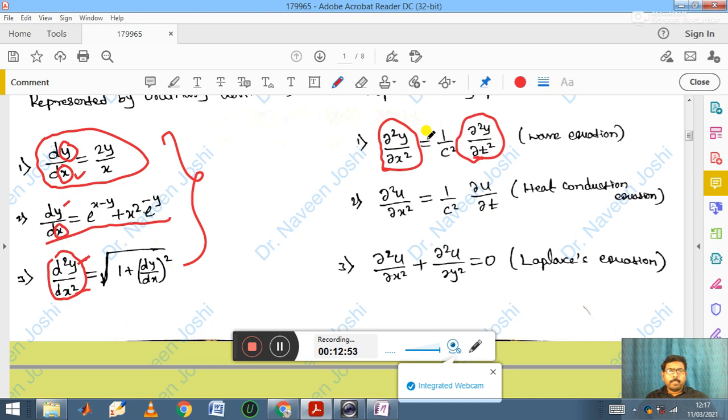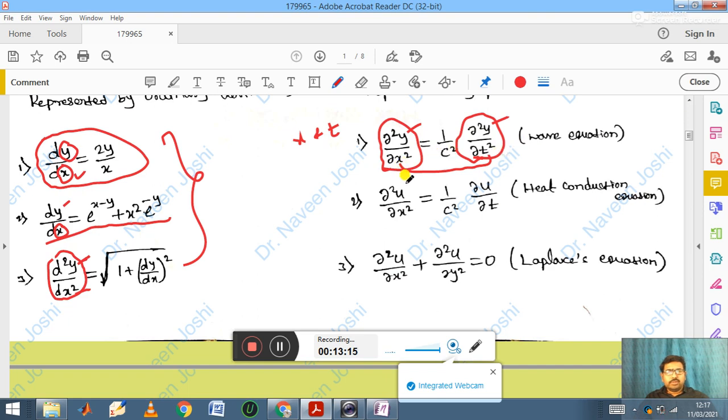Two, because here the dependent variable is y, but there are two independent variables, x and t. When you get two or more independent variables, then it comes under PDE.